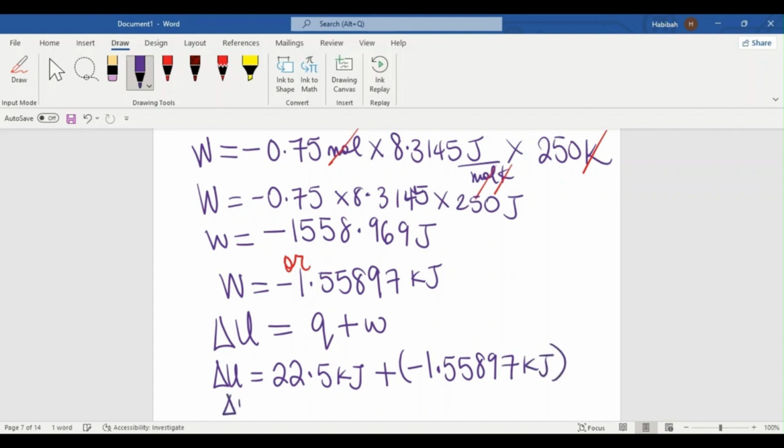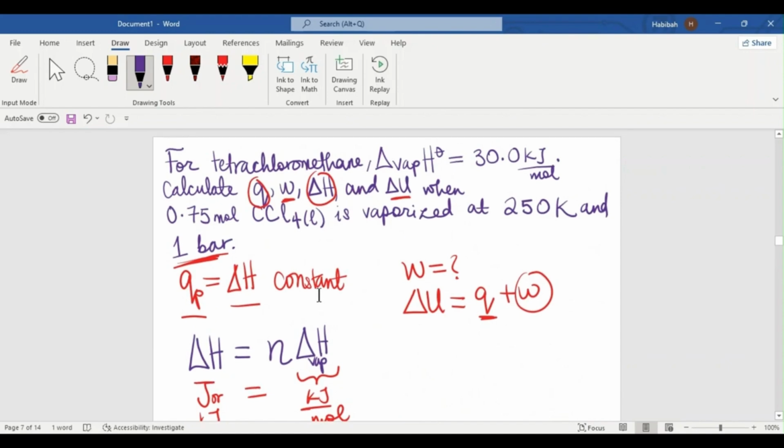So when you do this, we end up getting 20.94103 kilojoule.